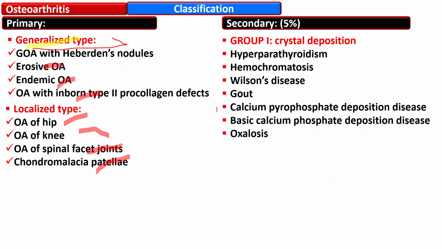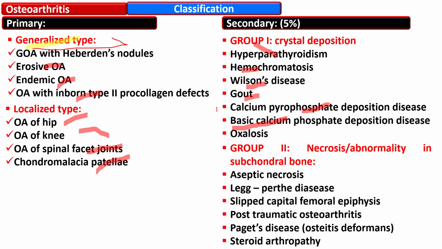Then the secondary type of osteoarthritis can be divided into various groups. In group 1, there is crystal induced or crystal deposition, such as in hyperparathyroidism, hemochromatosis, Wilson's disease, gout, calcium pyrophosphate deposition disease, basic calcium phosphate deposition disease, and oxalosis.